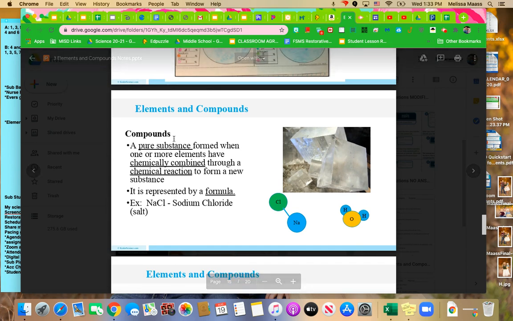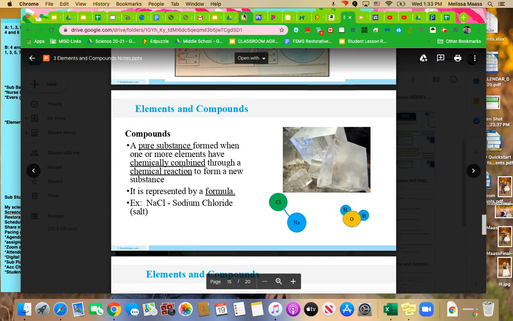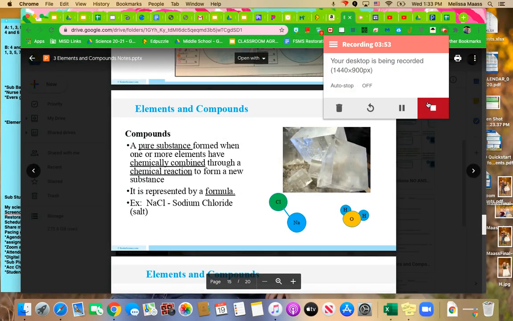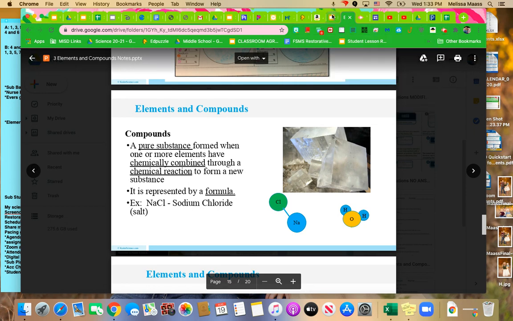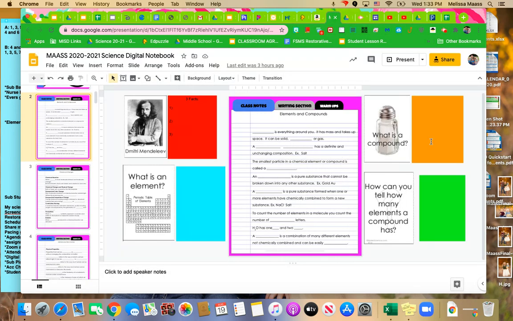I'm going to read this definition, and in your interactive notebook, you'll go ahead and fill in more of this side and some of the notes in here. I had already gone through H2O having 1 and 2.